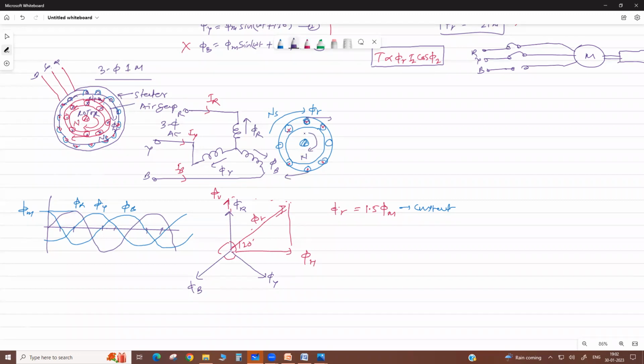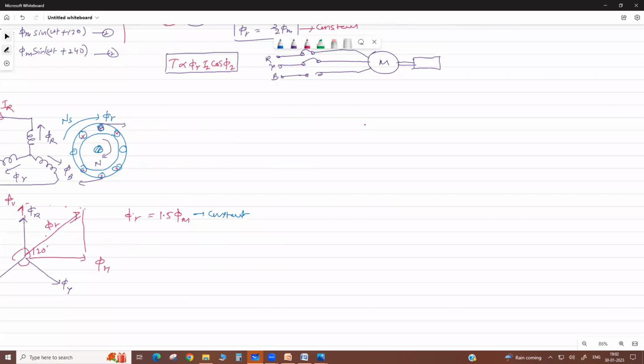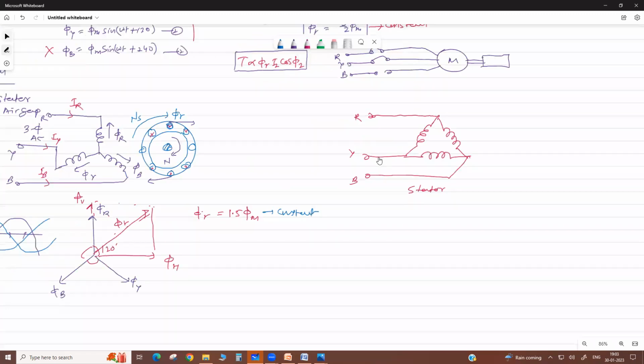This is your squirrel cage, but in the wound rotor, the rotor has a three-phase winding which is star connected. Suppose the stator is either star or delta connected; generally we have delta connected here, R, Y, B. This is the stator. The stator may be in star or delta, but the wound rotor is always connected in star.